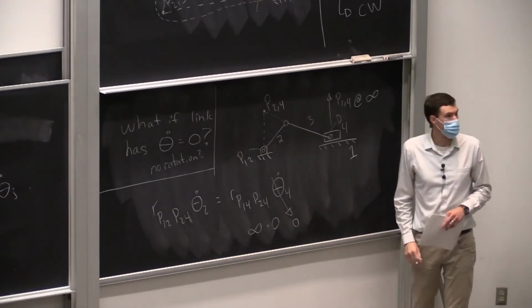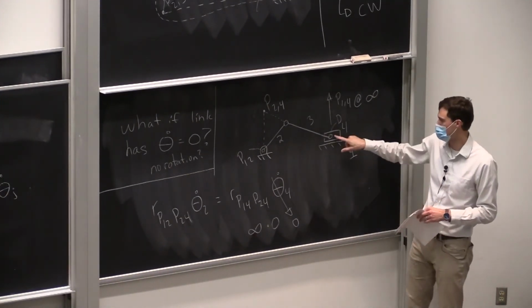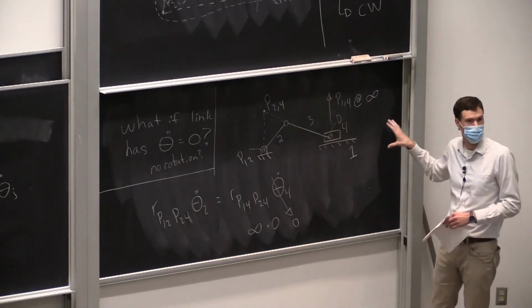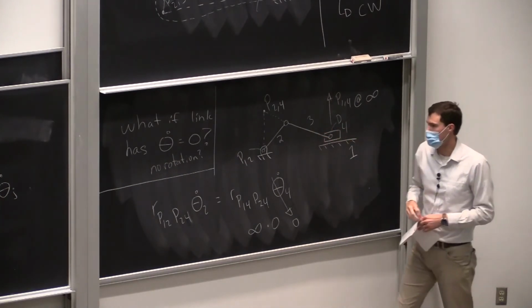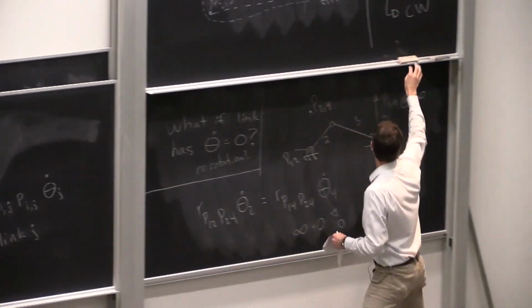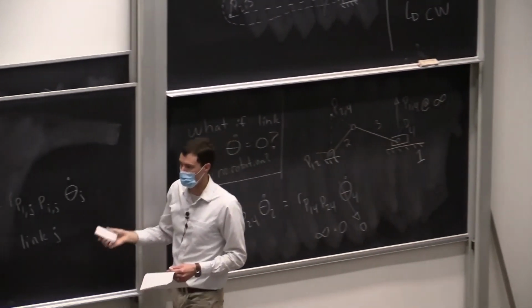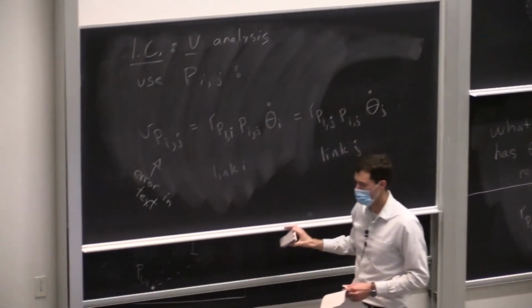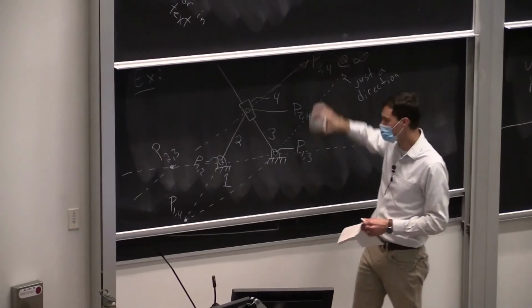So we need another way of thinking about these cases. Anytime we have a slider that's not rotating and it's just translating, we're going to run into this same problem. So our way of handling this is what we always do with instant centers. Let's draw an extended version of our link.